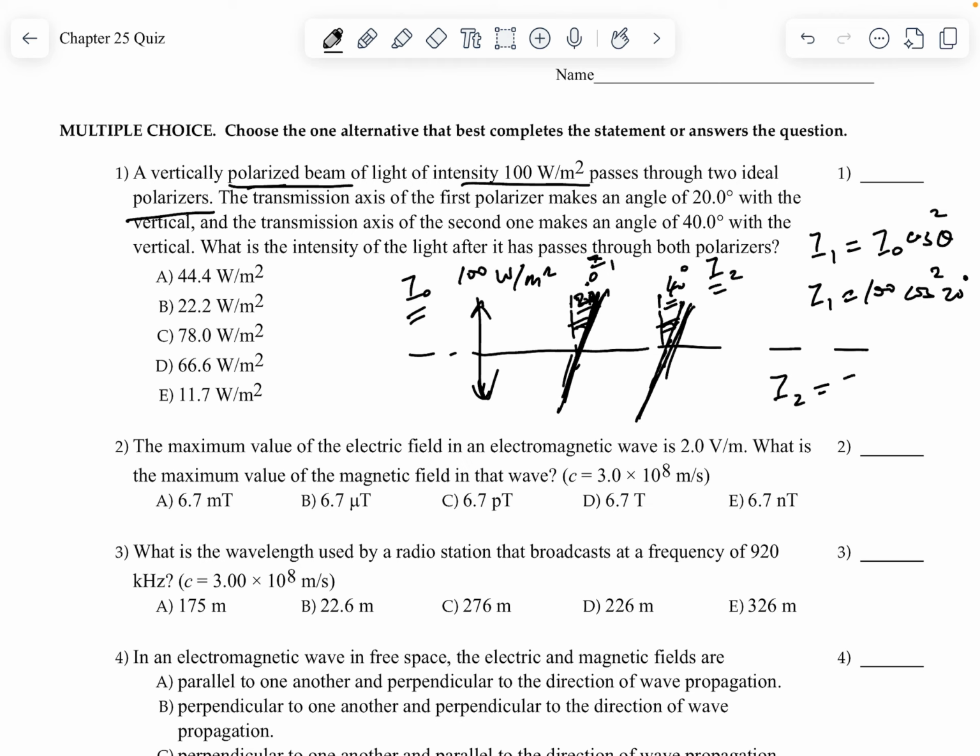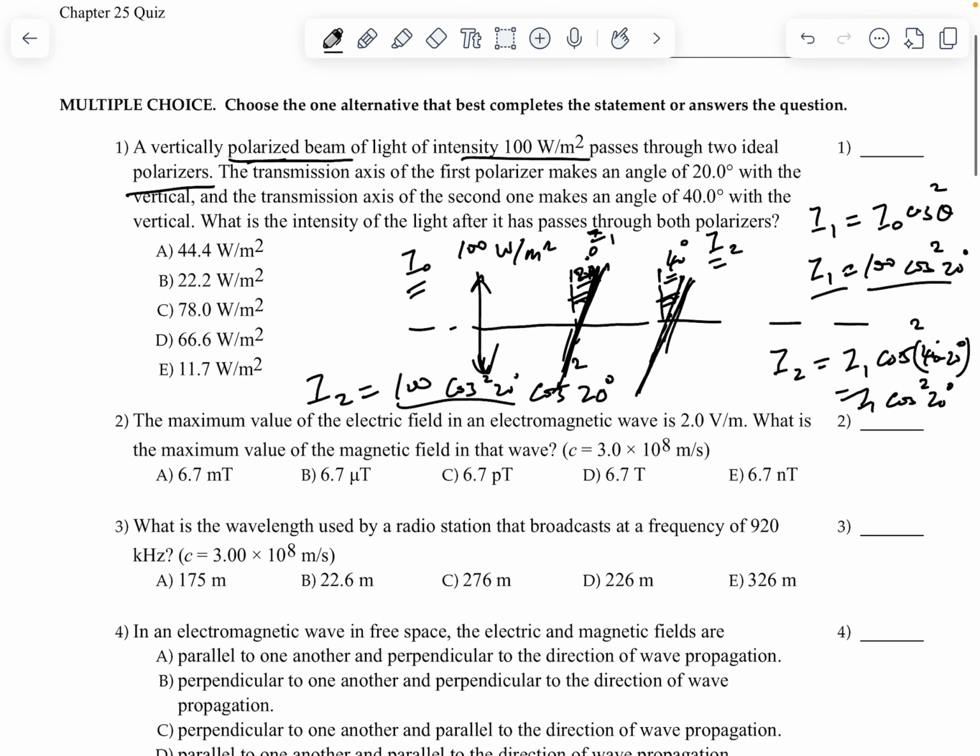So I2 equals I1 cosine of (40 minus 20) squared, which is I1 cosine 20 squared. I1 is this, so I2 equals 100 cosine 20 squared times cosine 20 squared. So that's a good answer.